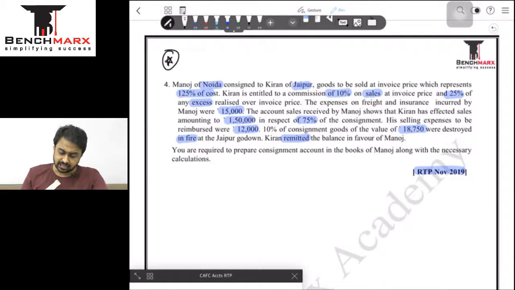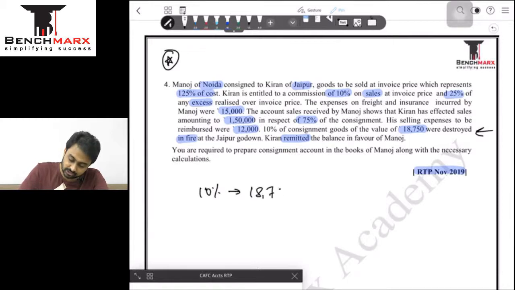Moving on, let us start by making the consignment account. Now tell me, normally we are given the value of the goods which are sent on consignment. Here it is not given, but they have given the last line which says 10% of the consignment goods of the value 18,750, which means 10% of the goods is 18,750.